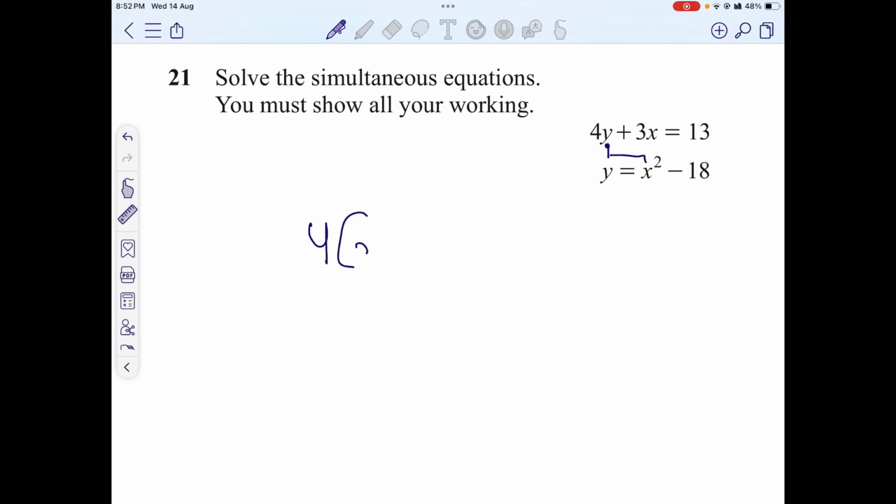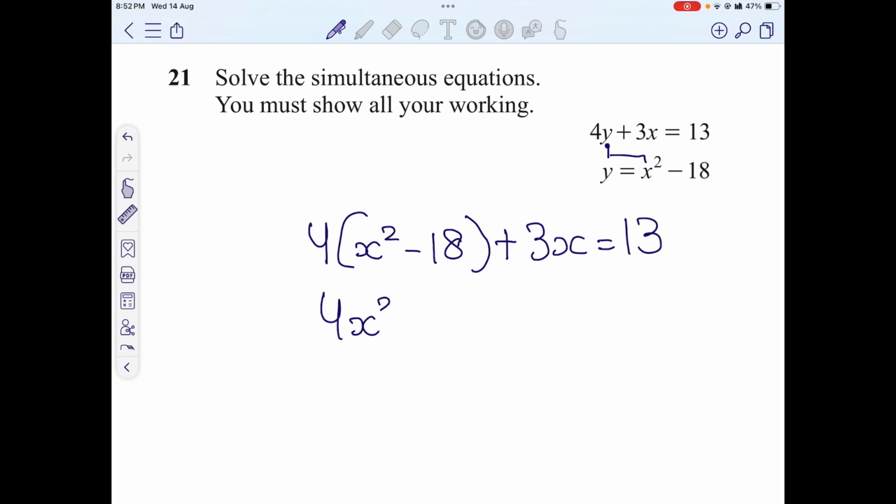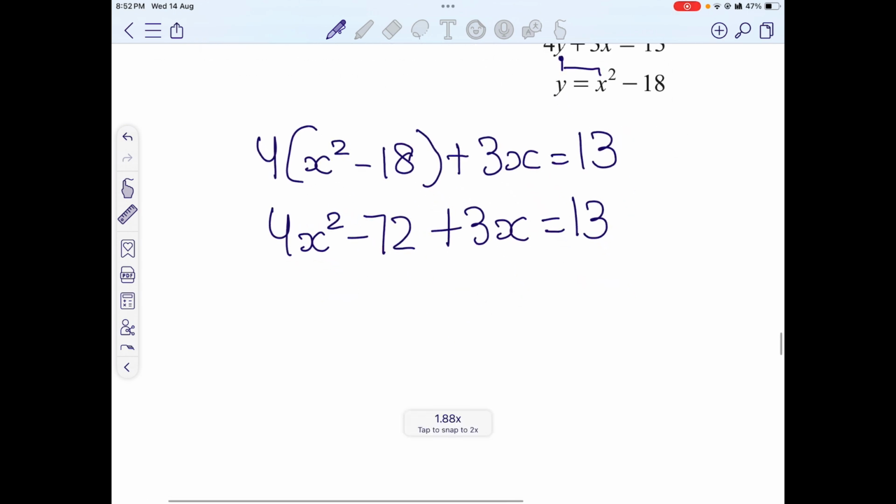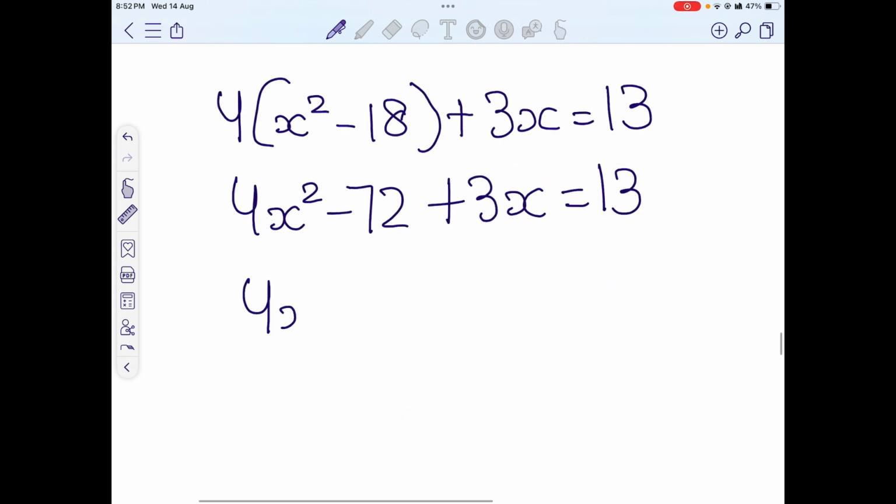So 4 times x squared minus 18, plus 3x is equal to 13. 4x squared, negative 18 into 4, that's negative 72, plus 3x is equal to 13. In quadratic equation form, 4x squared plus 3x, negative 72 minus 13, that's negative 85, equals 0.